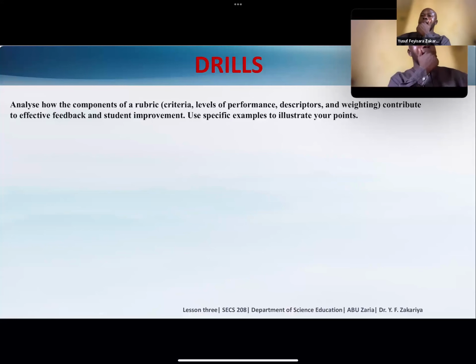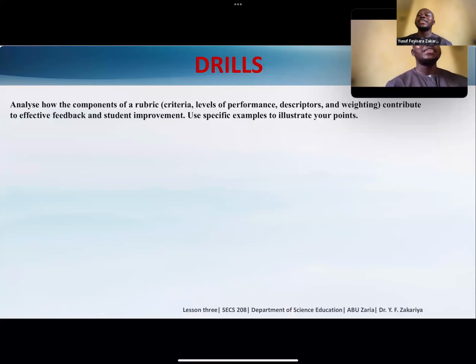Thank you. And the weighting of the descriptor was shown in the table, but it was not mentioned in the lesson. So the 4, 3, 2, 1 that you have there is the weighting of the descriptors.